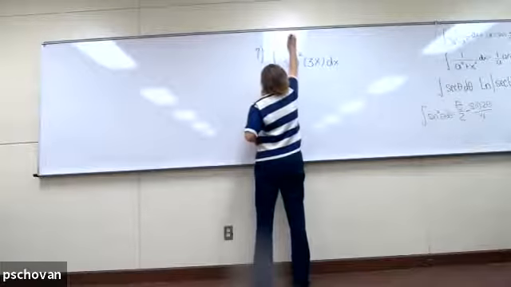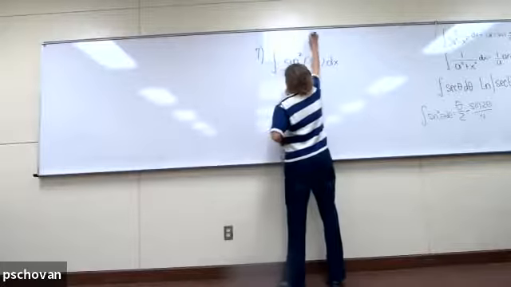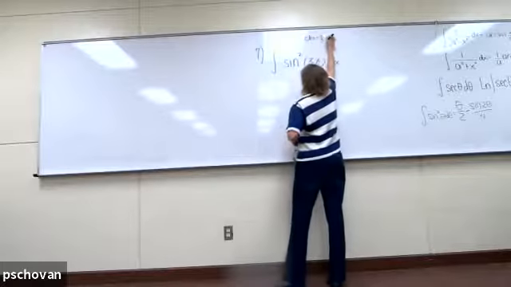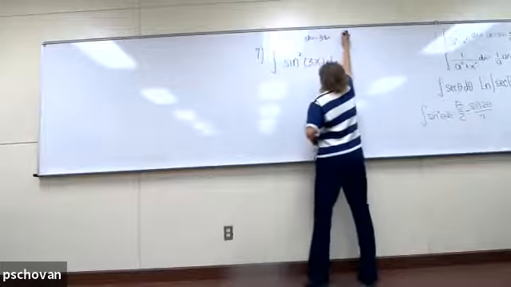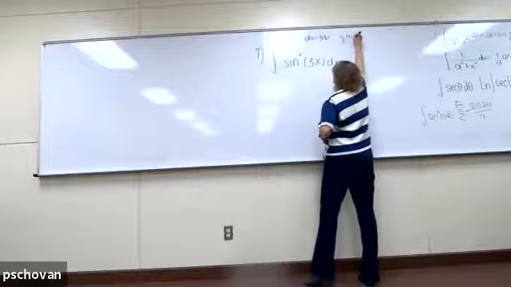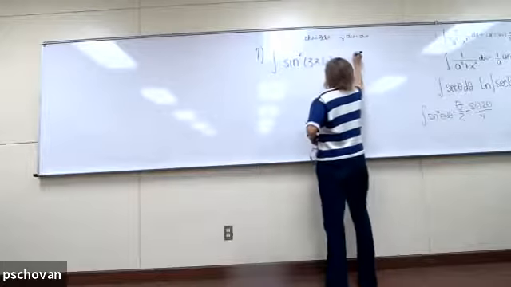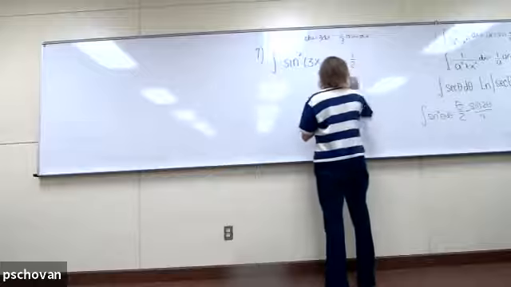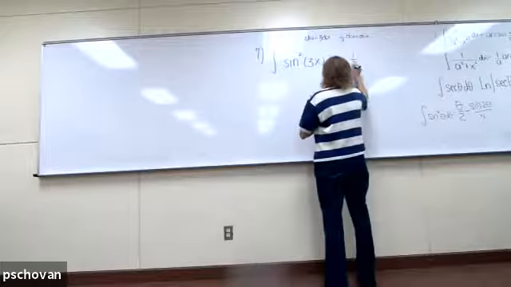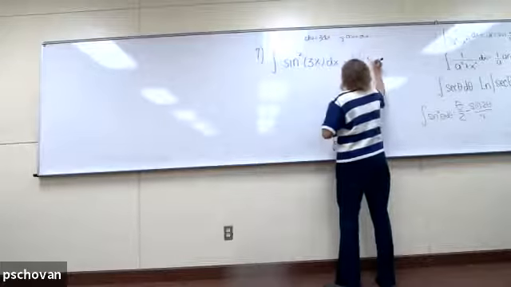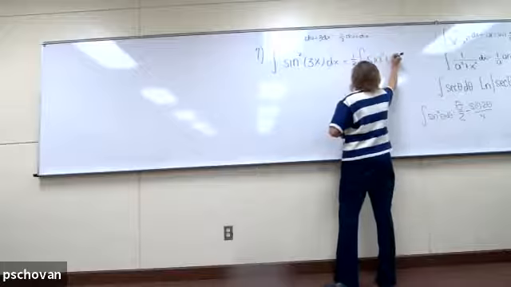U is going to be 3x. du is 3 times dx. So 1/3 du is dx. And this integral becomes 1/3 integral sine squared of u du.